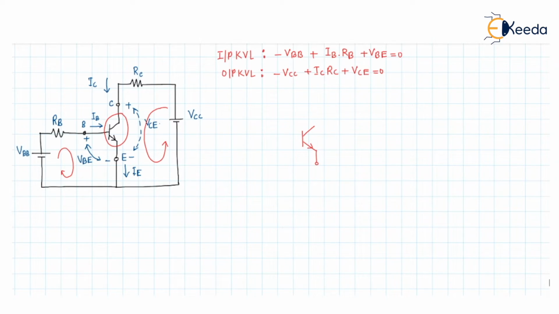So this is the emitter, this will be the collector, and this is the base. With this, we have connected an RC resistance, and with the base, we have connected an RB resistance like this.